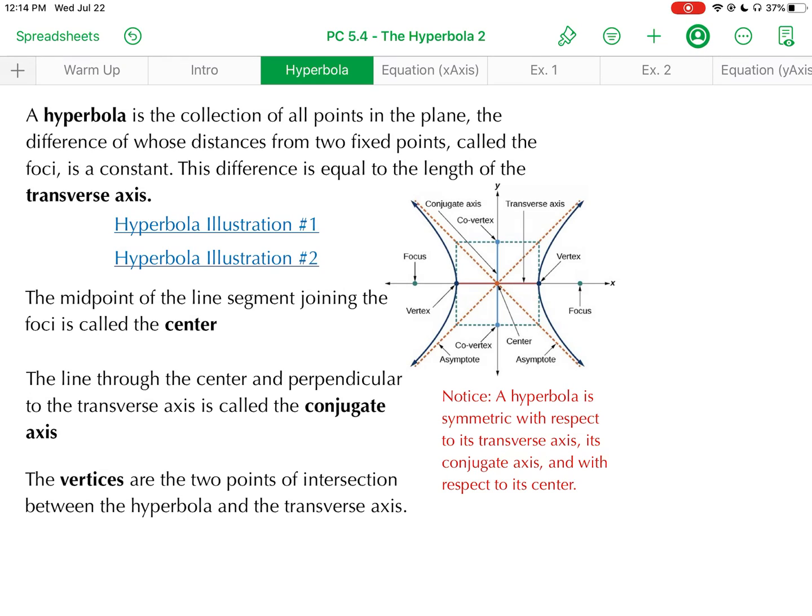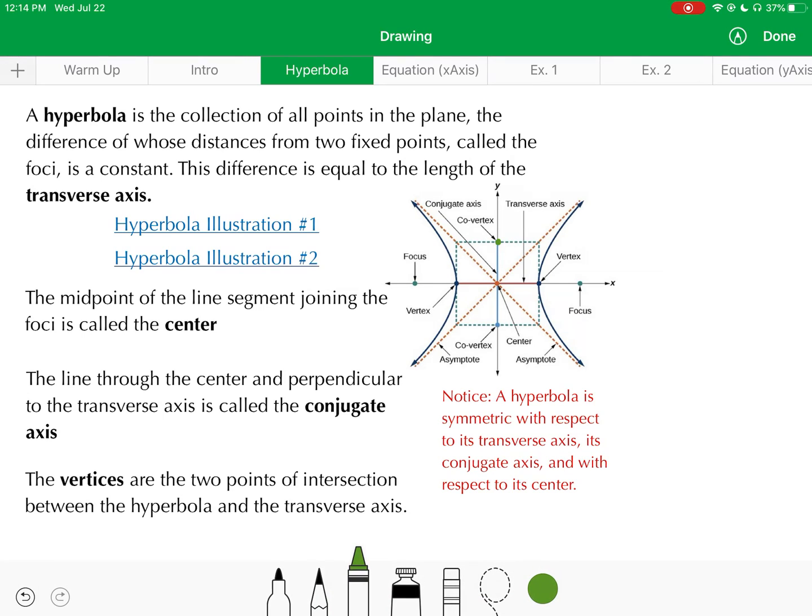And then instead of the minor axis, we have a conjugate axis, which is the axis that passes through your covertices. So right now, my conjugate axis is the y-axis, and my transverse axis is the x-axis in this picture, all right?